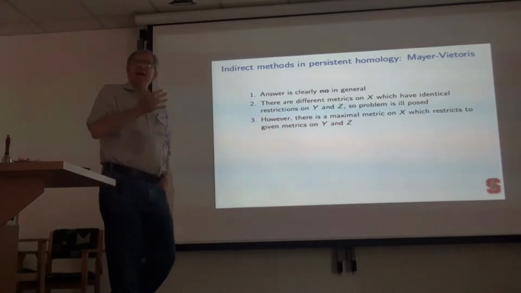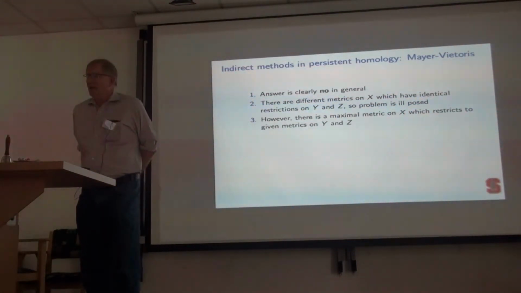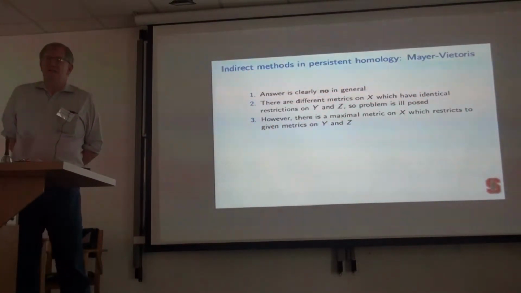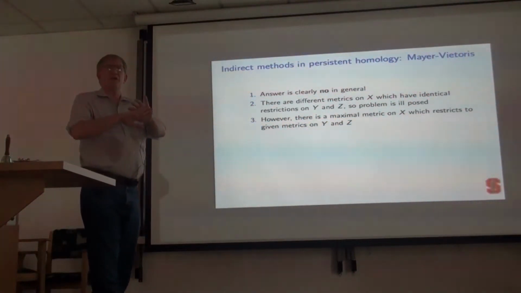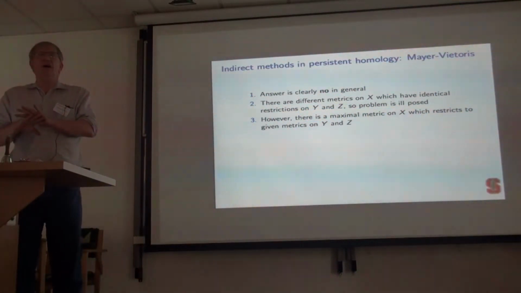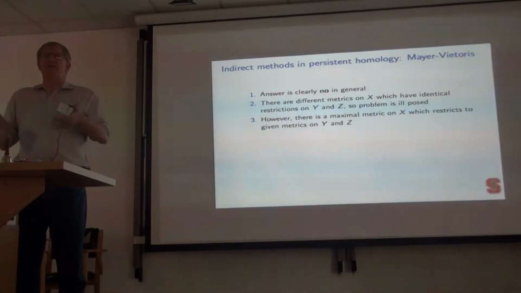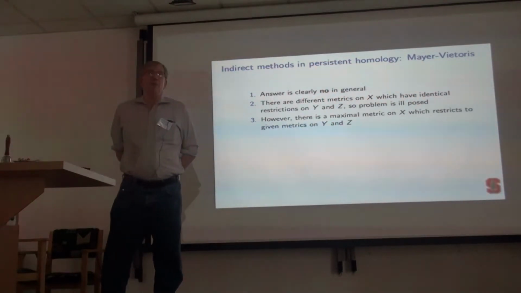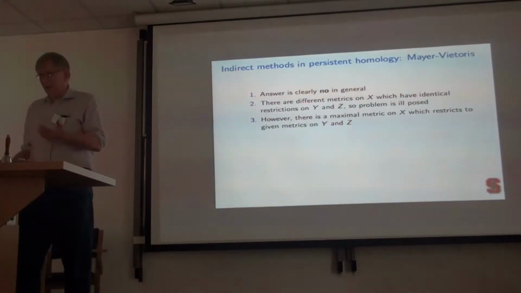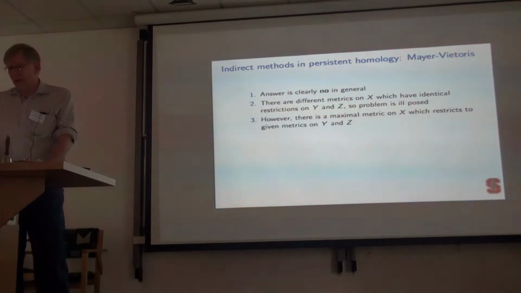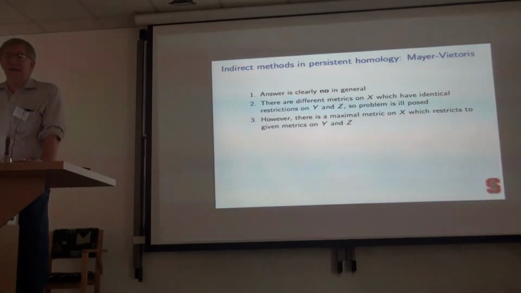Okay, but let's step back then and say the following. Turns out that if I'm given metrics on Y and Z which restrict to the same metric on Y intersect Z, then there is a maximal metric on X which restricts to those two metrics on Y and Z. So that problem does have a solution: if I force my metric to be the one that is coming out of this Y and Z situation, then I do have a unique metric.